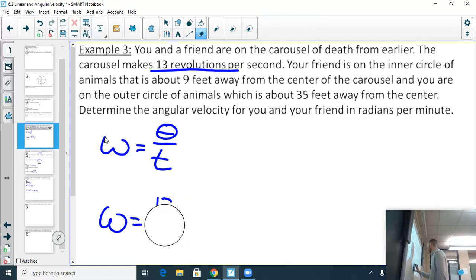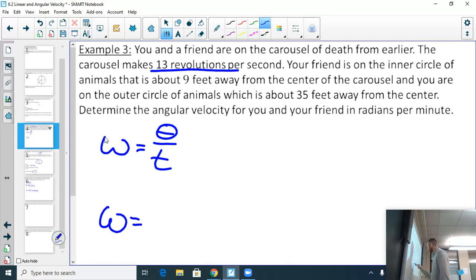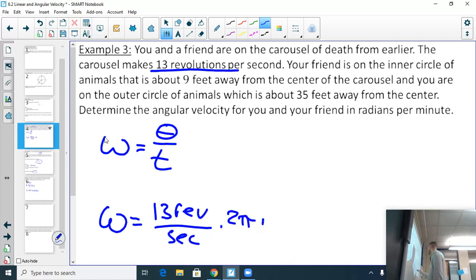Or it's already given to us, right? So we have 13 revolutions per second, and we want to go 2 pi radians per 1 revolution. Revolutions cancel, and we're left with radians per second, or we could just write 26 pi.